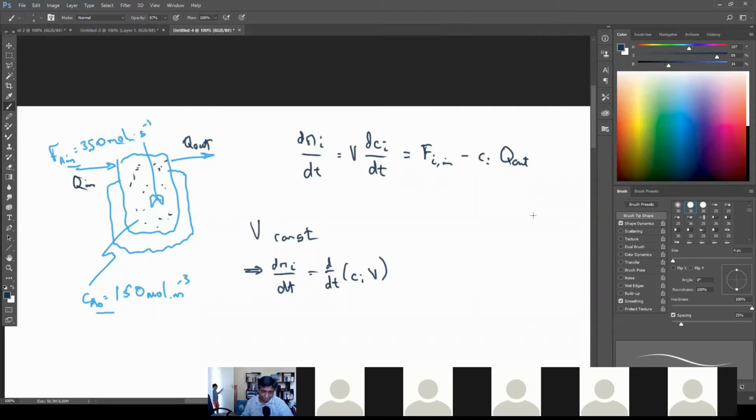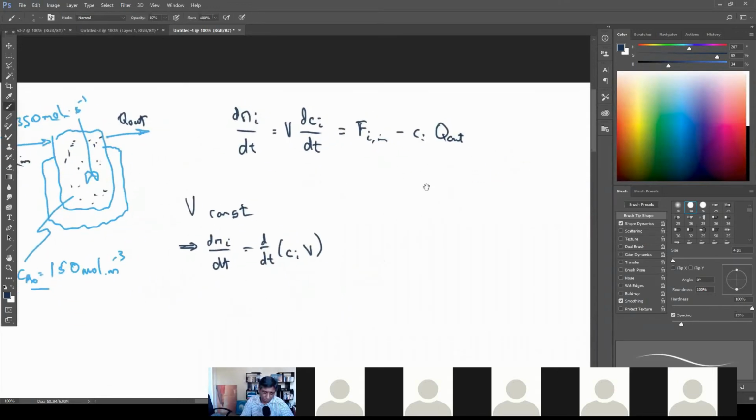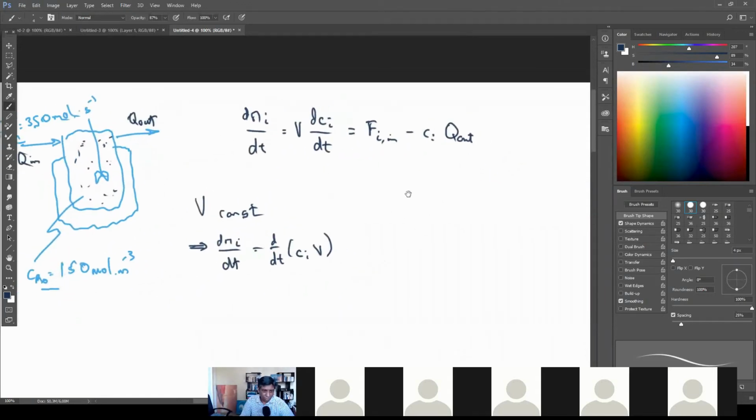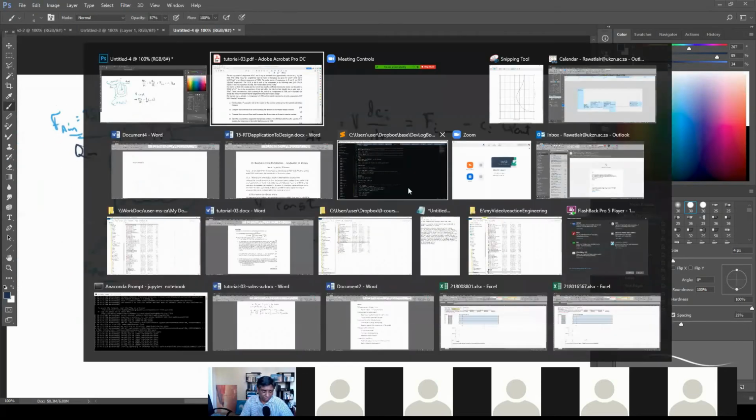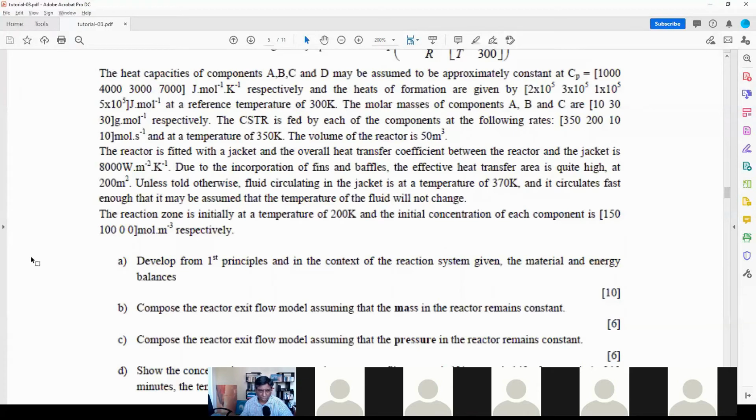So that's flow in and flow out, that's your molar flows, and then you have reaction as well. I think it says it's elementary. I can't remember.